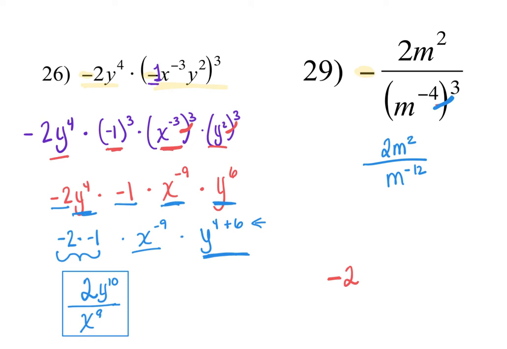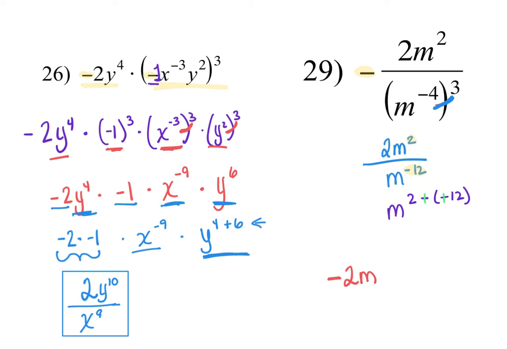All right, let's look at my m's. I have a positive 2 and a negative 12. Which one's bigger? 2. Where's my m going to end up? On the top, right? So I'm going to have an m here. I actually end up having nothing on the bottom. This is m to the 2 minus negative 12. It is plus a positive, right?